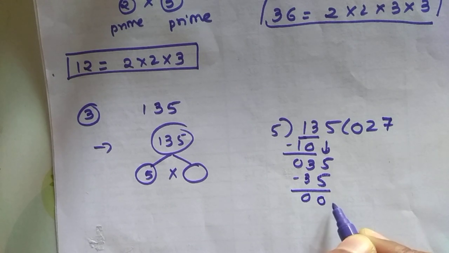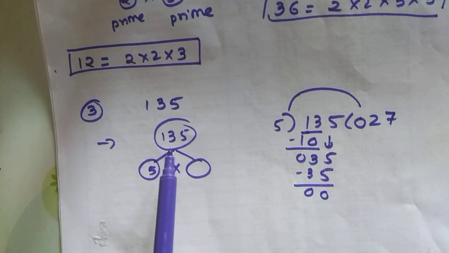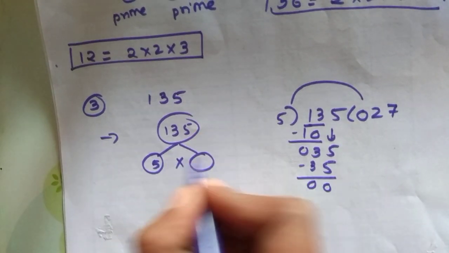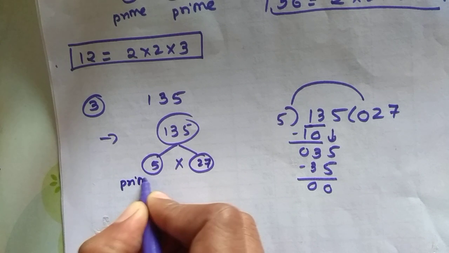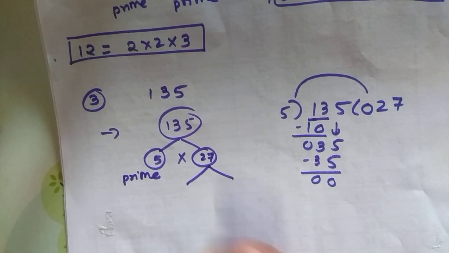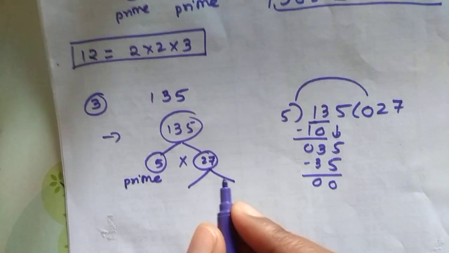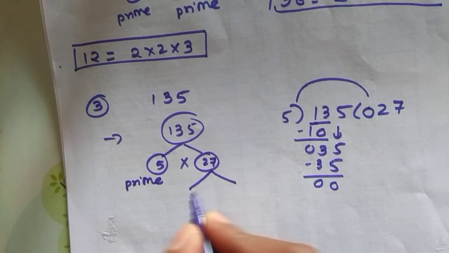So we got 0 here. It means both are factors of 135. So 5 times 27 is 135. As 5 is a prime number, stop here, but expand this 27. We cannot divide 27 by 5, but we know that it is divisible by 3, and 3 is a prime number.